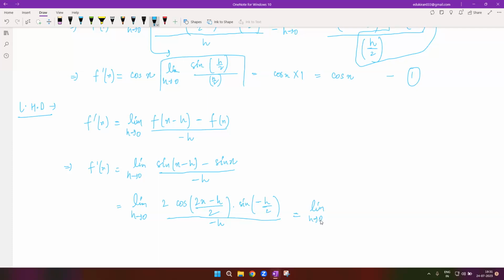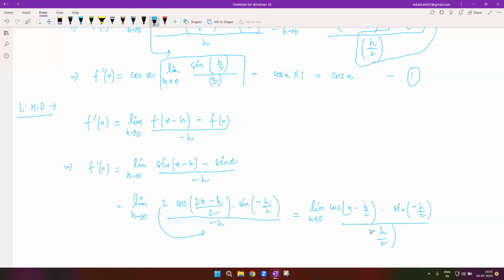This becomes limit h tends to 0. The 2 in the numerator will come to the denominator, and this can be solved further. So this will be written as cos of x minus h by 2, times sine of minus h by 2, with 2 in the numerator and minus h in the denominator.